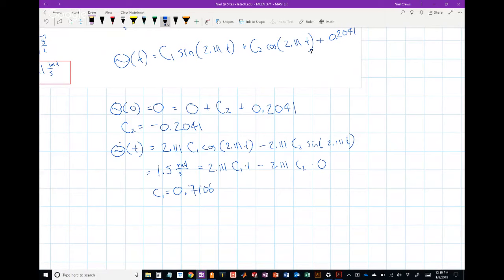So we can plug these back in. Theta of t equals 0.7106 sine of 2.111t minus 0.2041 times the cosine of 2.111t plus 0.2041.